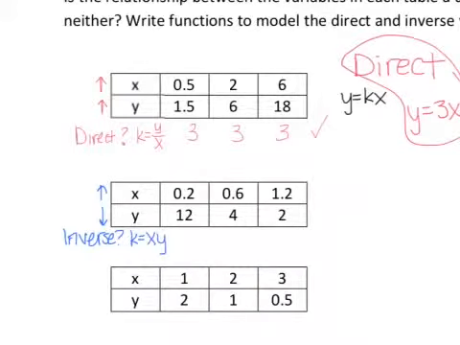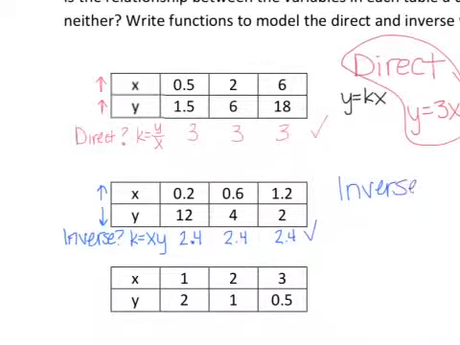X times y. So what's 0.2 times 12? 2.4. What's 0.6 times 4? 2.4. And 1.2 times 2? 2.4. So this is inverse.